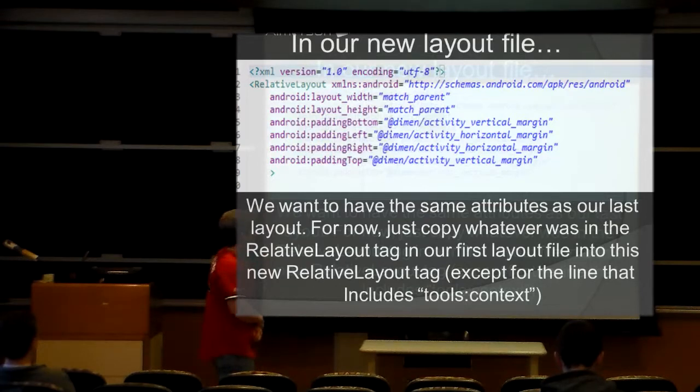The first line with the encoding and version just tells Android how you're setting the file. The encoding is UTF-8, and I think ASCII is another way we can do it. I've never really bothered with it. It's always been like that.